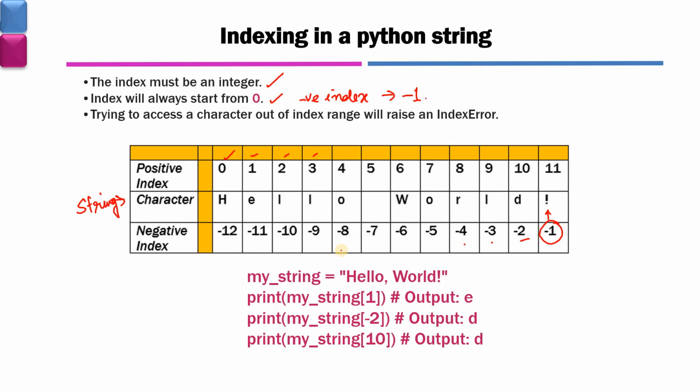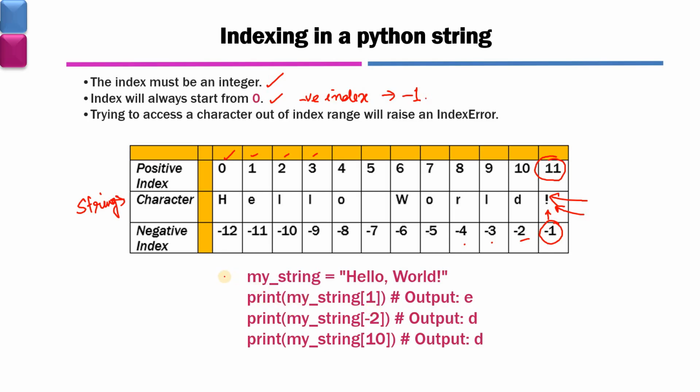Now remember one thing: if the string is hello world, then if we are using a positive index, the 11th position will give you the exclamation mark. Also, if you are using a negative index, then -1 will give you the exclamation mark. What do I mean by this? I'll come to it. Just write.